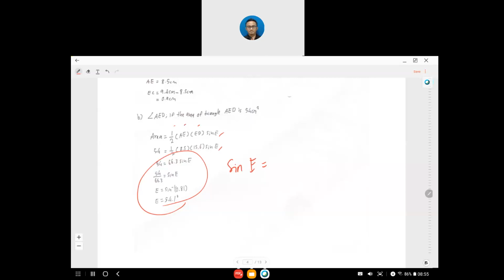Okay, so sine E, you can get 180 divided by 221. Your calculation is wrong. Okay, and then E, you can get 54.54 degree. Okay.